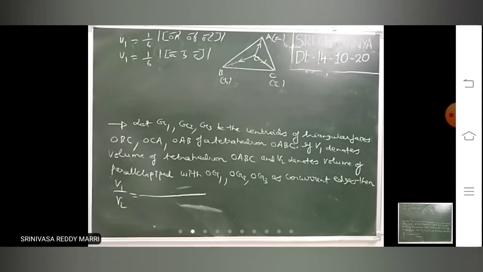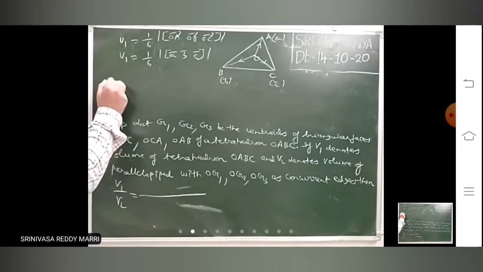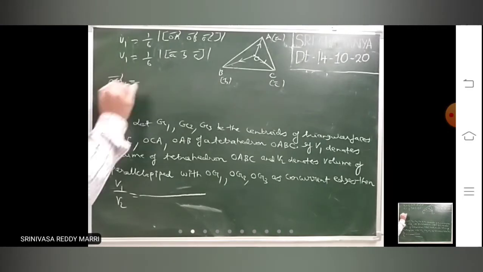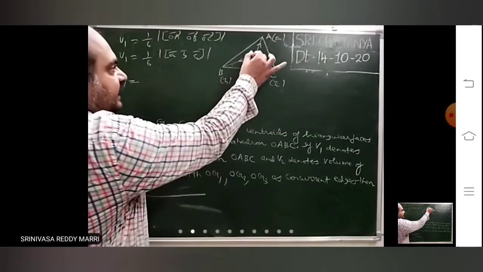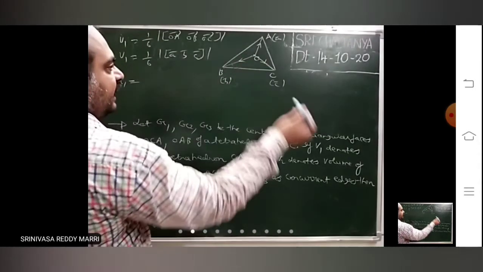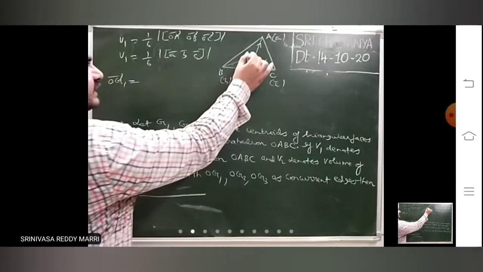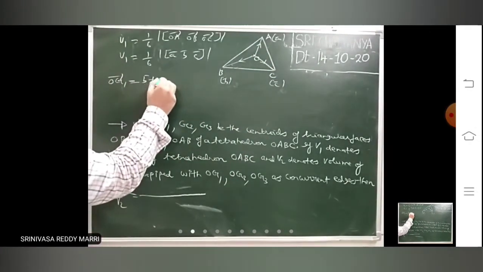Okay now. Next what he is telling is there is a parallelepiped which has coterminous edges OG1 bar. OG1 bar means face. What is that face? G1 is the centroid of triangle OBC. Triangle means A bar plus B bar plus C bar divided by 3, that is 0 bar plus B bar plus C bar divided by 3.